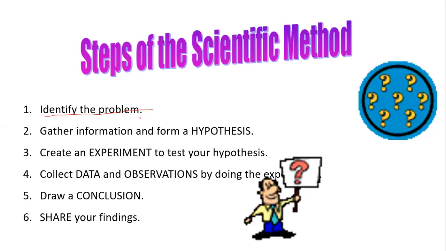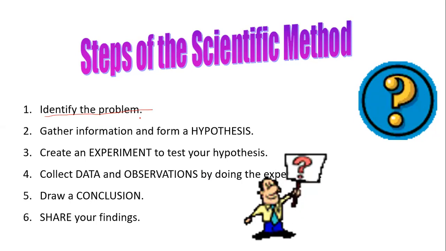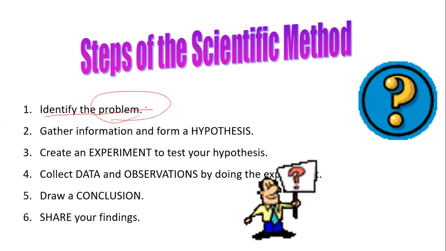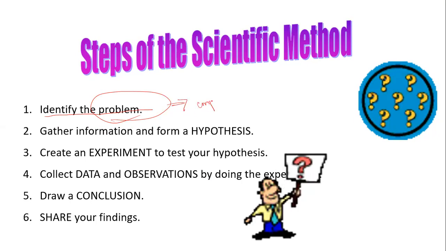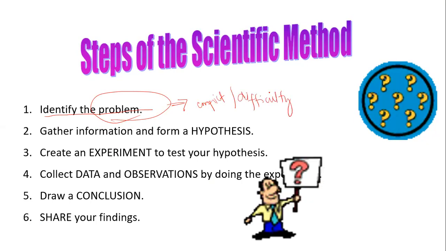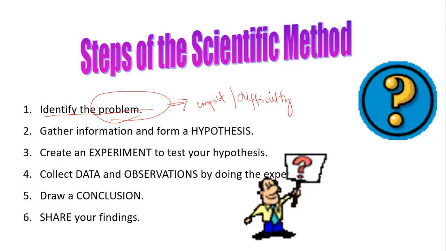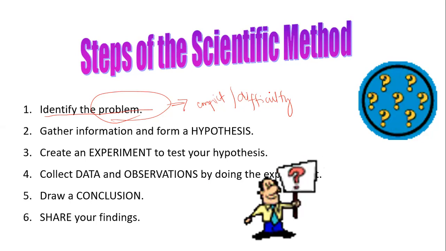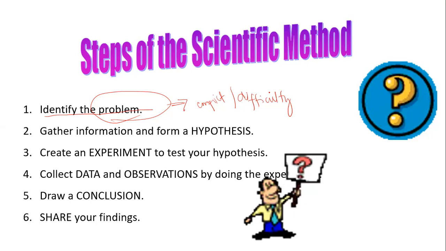When we say problem, it could be any conflict or any difficulty. A conflict, a difficulty, a suffering, or anything which is not convenient to you can already be considered a problem.